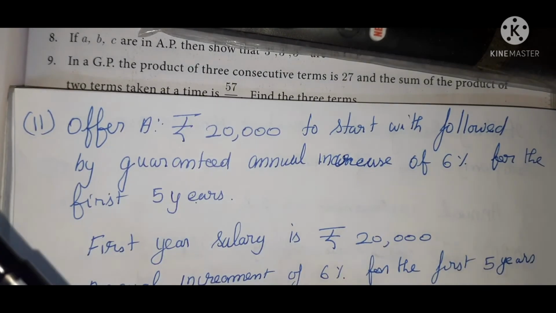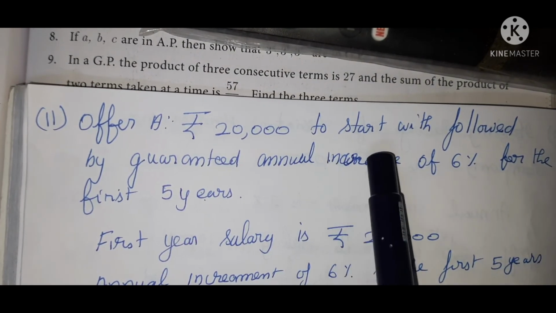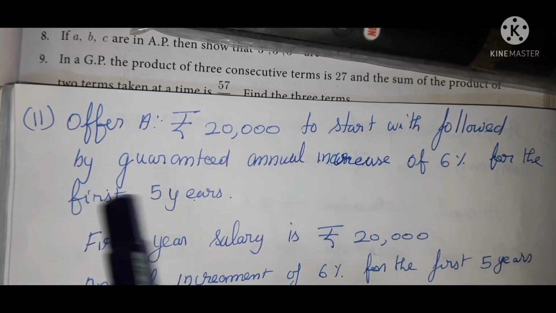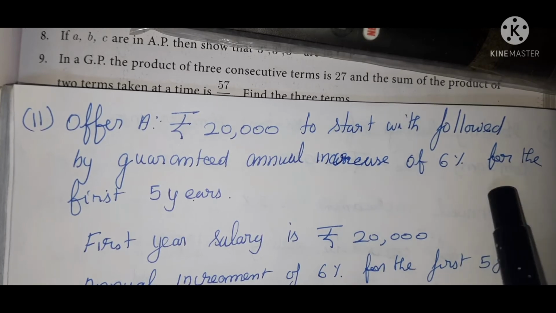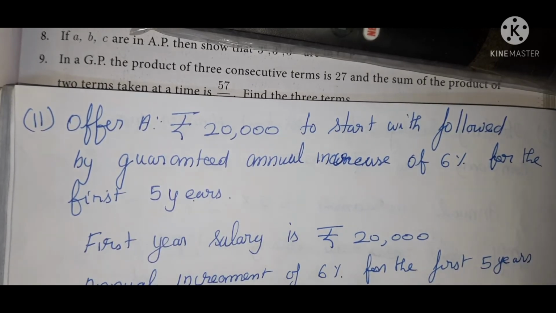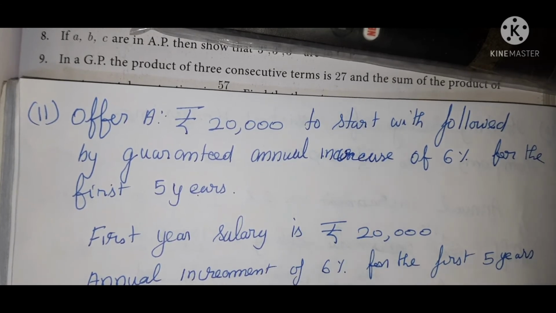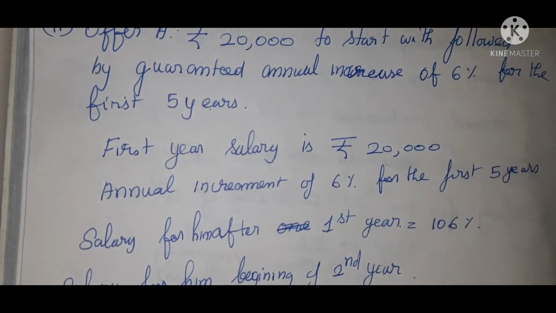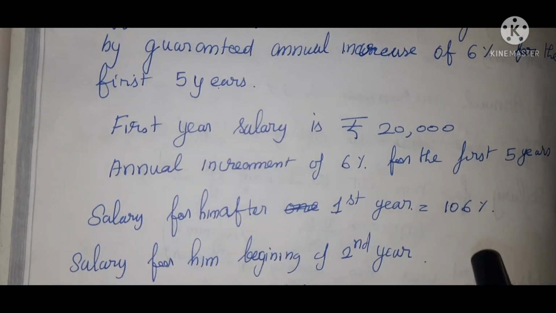The first offer A: rupees 20,000 to start, followed by a guaranteed annual increase of 6% for the first 5 years. First year salary is rupees 20,000. Annual increment of 6% for the first 5 years. Salary for him after first year is 106%.